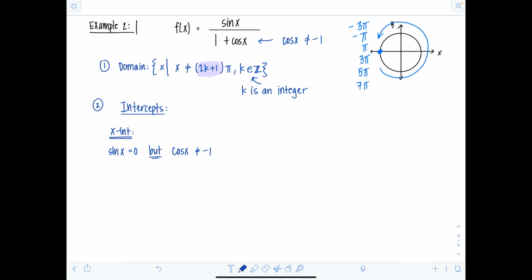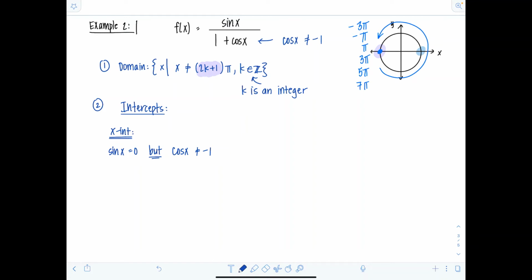Because notice, sine of x is 0 here at all of the points we remove from the domain. So those aren't going to be intercepts. No. The only place where I'm going to get x-intercepts are over here when sine is 0 and cosine is +1, not -1. Ooh, so that's a little interesting.